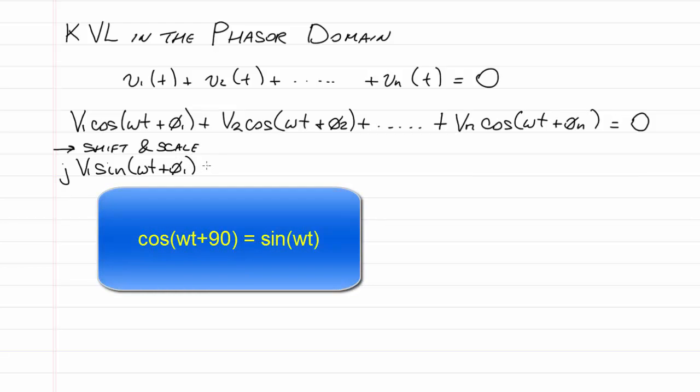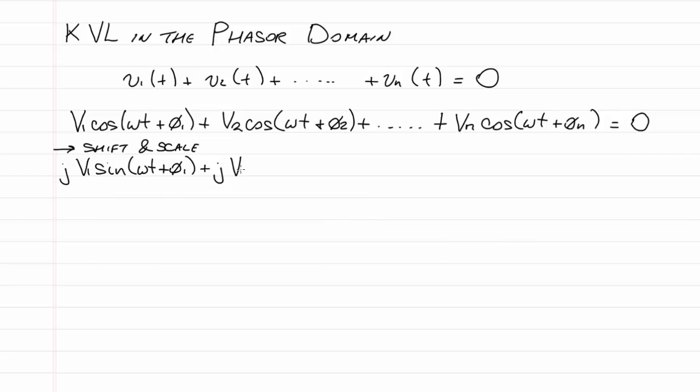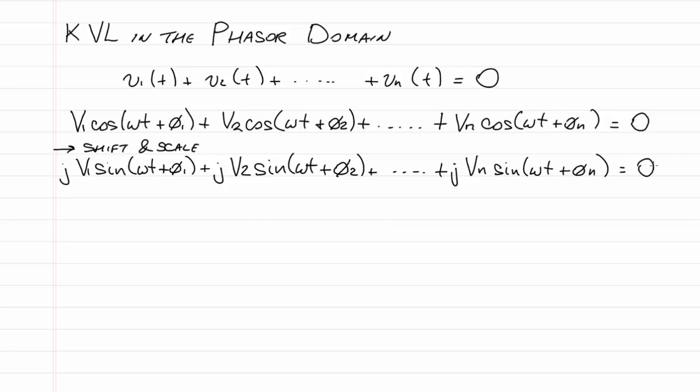I've added 90 degrees, but I've taken that up by converting it into a sine function. For the next term, I'll have j with an amplitude V2 sine(omega t plus, again, the same angle as before), plus all the way down to j Vn sine(omega t plus the angle n), which will equal 0.